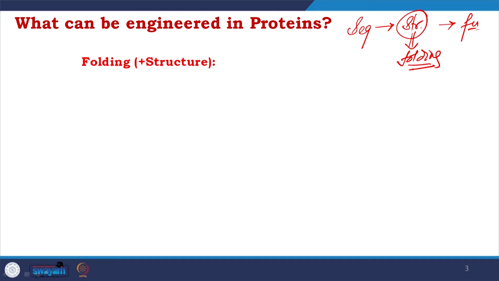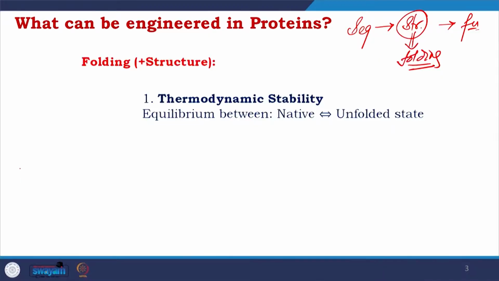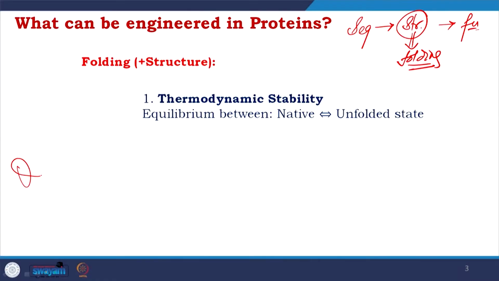As I told from the beginning of the course, getting the structure and knowing the fold would help us. Now you will understand. One thing we will definitely look for is thermodynamic stability. Thermodynamic stability deals with the native and unfolded state. In the last module on MD simulation, we discussed the opening of a protein, the opening of a folded state to the unfolded state.